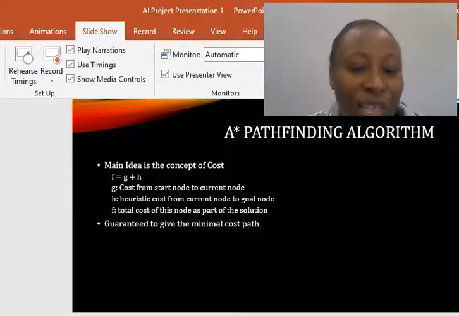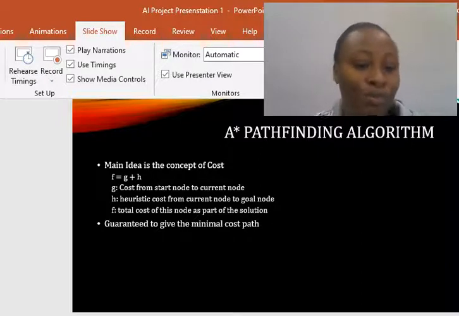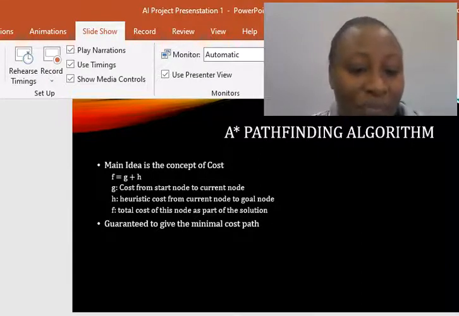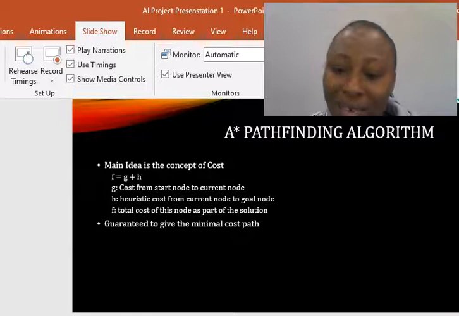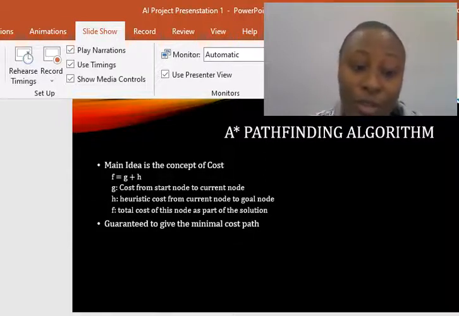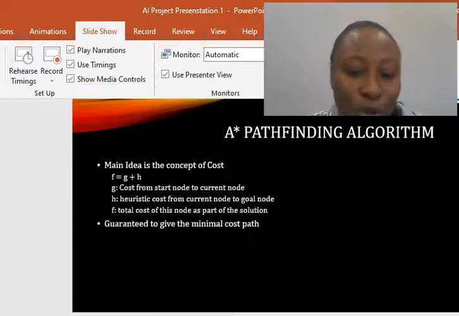G is the cost of getting to this node from that start node. H is defined as a heuristic cost, or just a heuristic, of moving from the current node to the goal node. And this heuristic can be calculated in different ways, as we will see later in this presentation. And finally, F is simply the total cost of having this node as part of the solution, which is simply G + H.